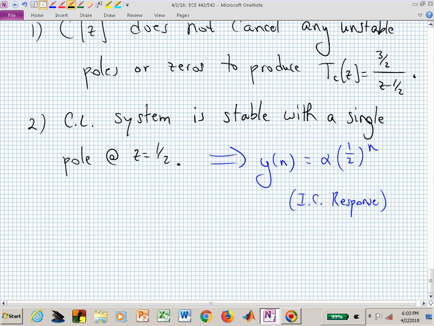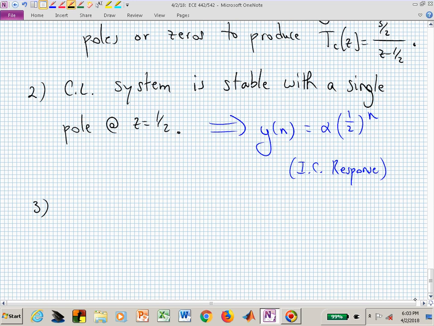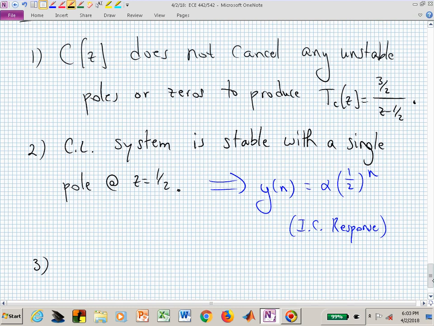Question? So now the question was, what did you apply as an input? I didn't apply an input. I just said somebody went up and kicked my system, or somehow this system started to possess an initial condition.